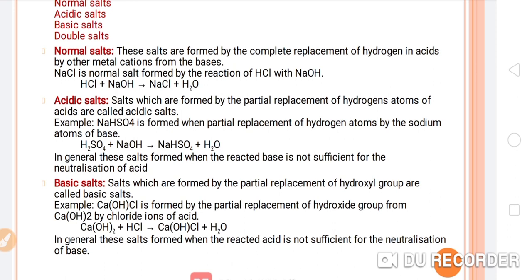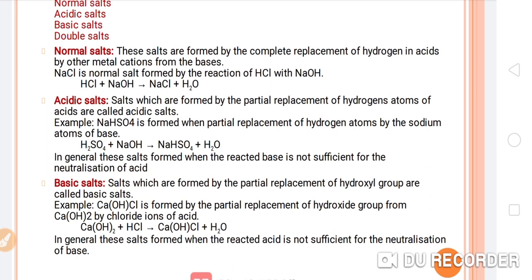For example, sodium bisulfate is formed when the hydrogen atoms are partially replaced by the sodium atoms of the base. So here you can see, from the sulfuric acid only one hydrogen has been replaced by the metal, and another hydrogen exists as it is. So that is the reason behind it.